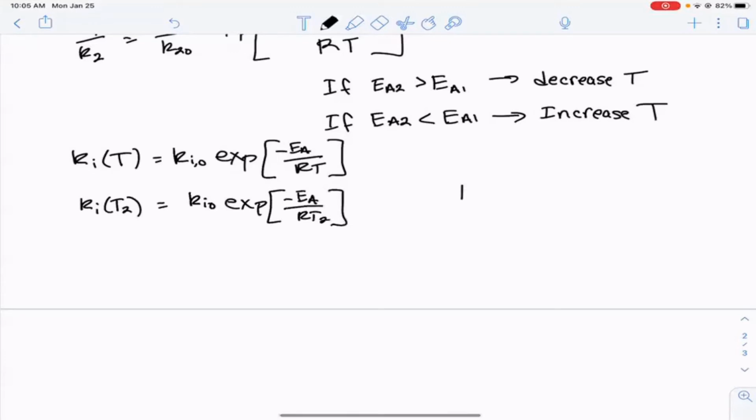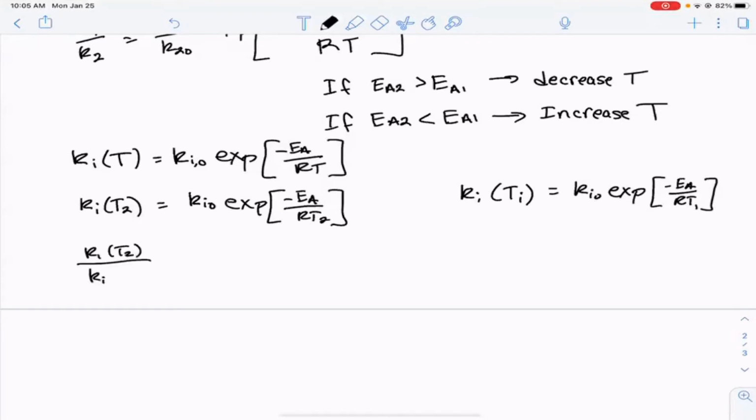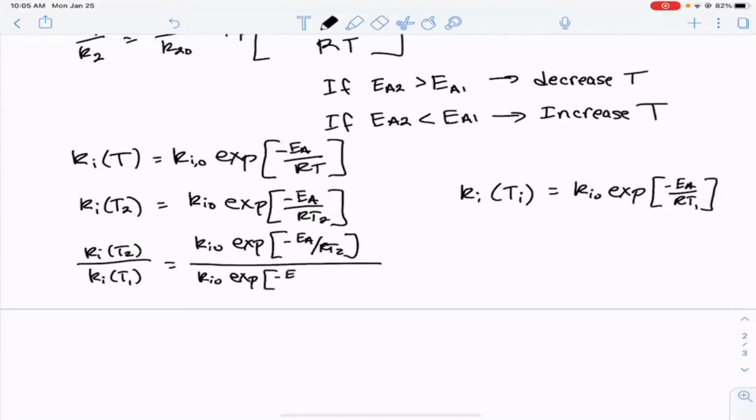I could do the same thing for some other temperature, T1, and say that's equal to Ki0 times the exponent of minus EA over RT1. And now I can divide these two by each other. And you get Ki at T2 over Ki at T1 equals Ki0 times the exponent of minus EA over RT2 divided by Ki0 times the exponent of minus EA over RT1.